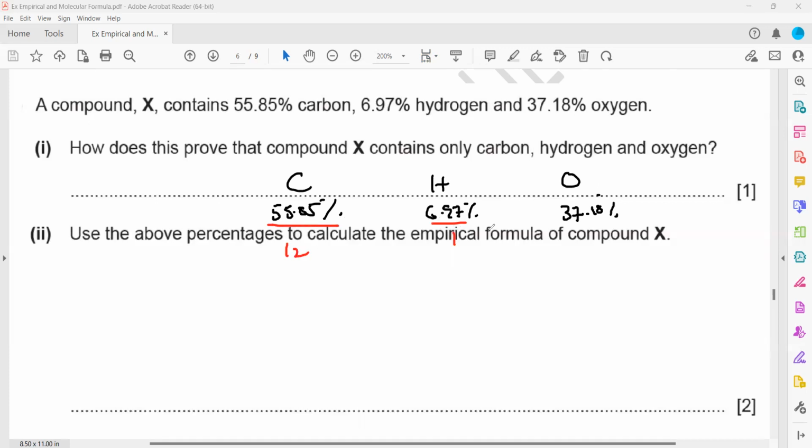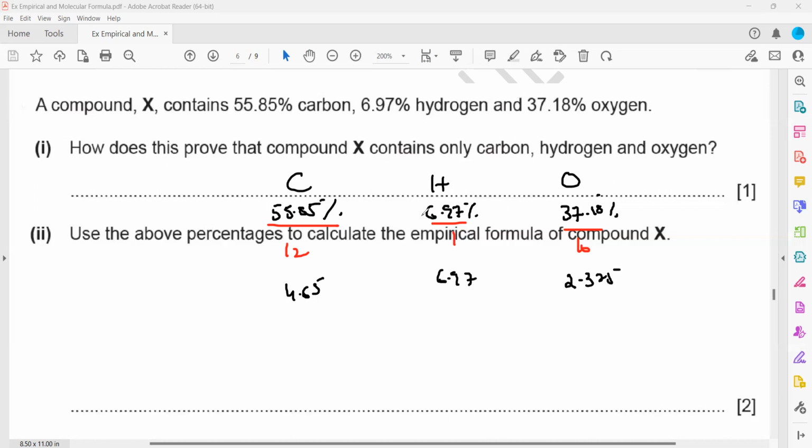So this will be 12, this will be 1, this will be 16. 55.85 divided by 12 will be 4.65. This will be 6.97, remains the same, and this will be 2.325.